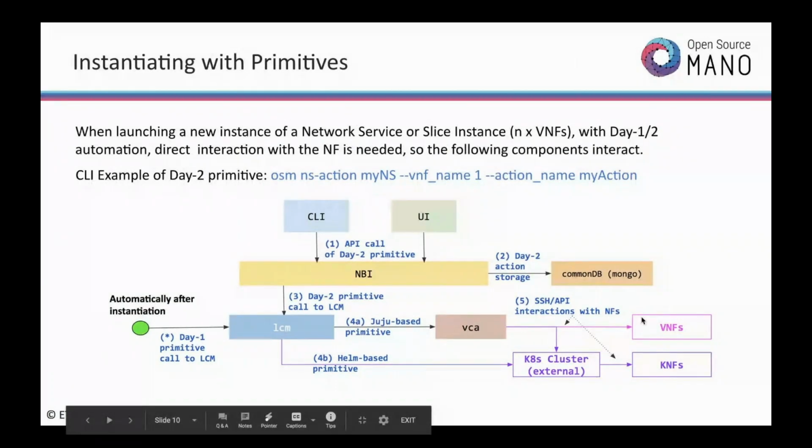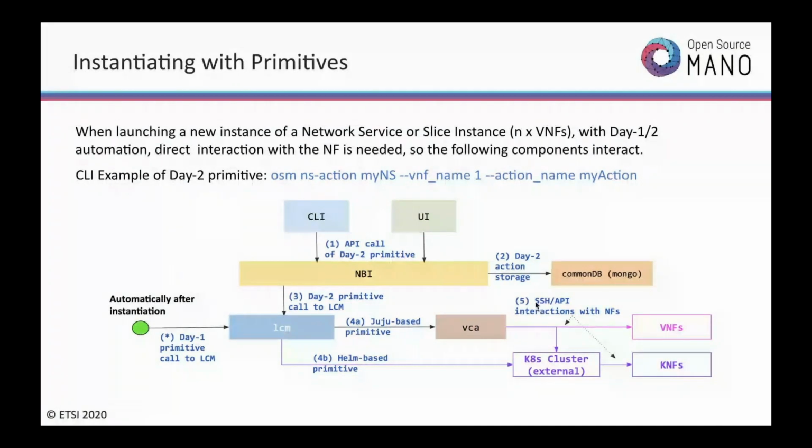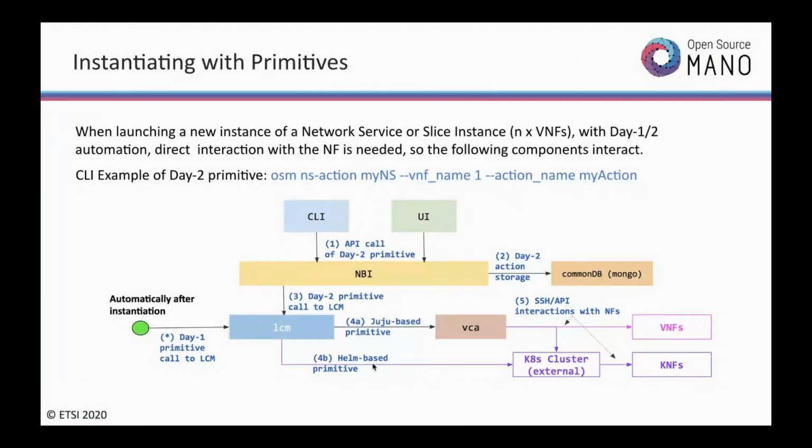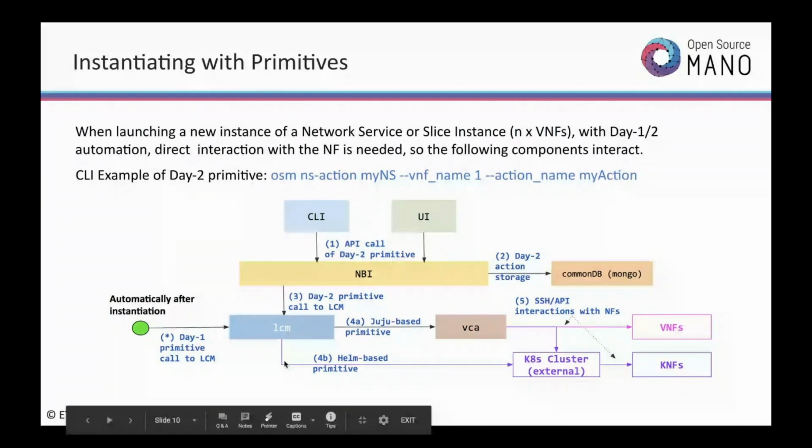It goes and interacts with the network function directly and produces the changes. It does so through SSH or by communicating with an API that is being exposed by the network function to achieve this. We have another case which just implements a specific use case through Helm charts, which produces, for example, a Helm upgrade, which is changing the version of the Helm chart, I mean the set of pods that are running in your application, and that's considered again a primitive, and it's more tied to a day 2 primitive.